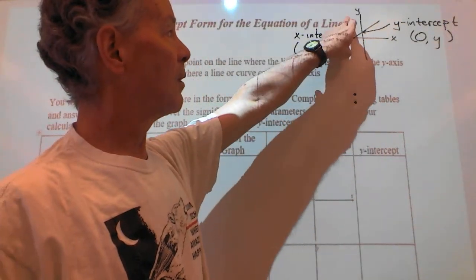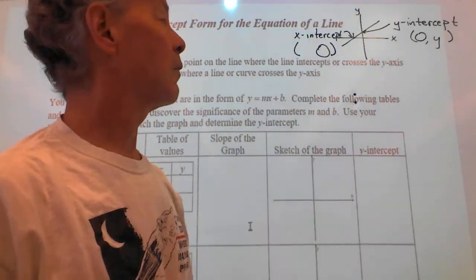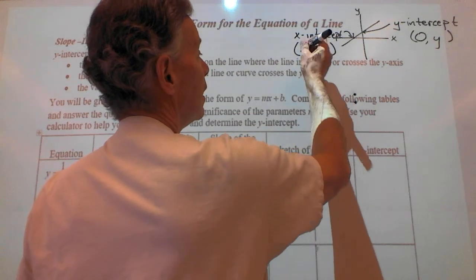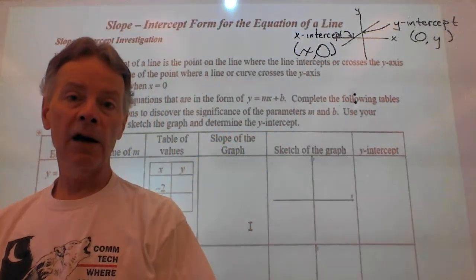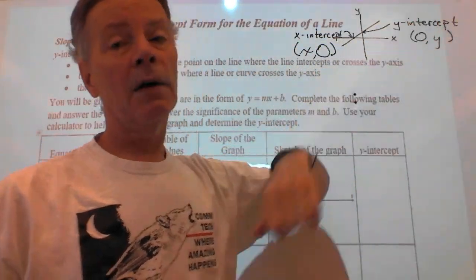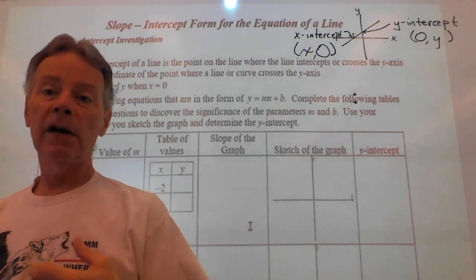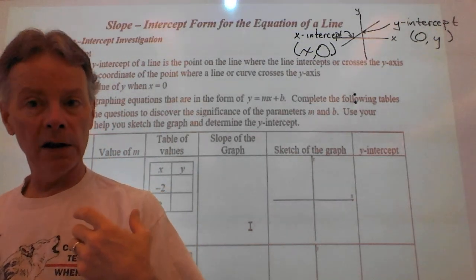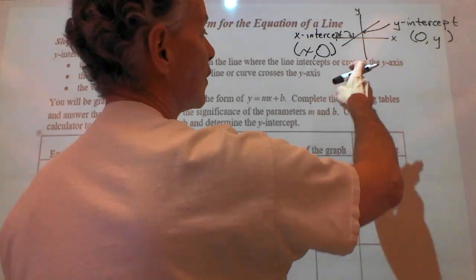Because it's neither above nor below the line, it's right at 0 for its y-coordinate. And then the x-coordinate will be some x value, okay? So, x-intercept, y-intercept. The other thing that you'll use in today's lesson is the thing that we've already spent 2 lessons talking about, and that's the slope.